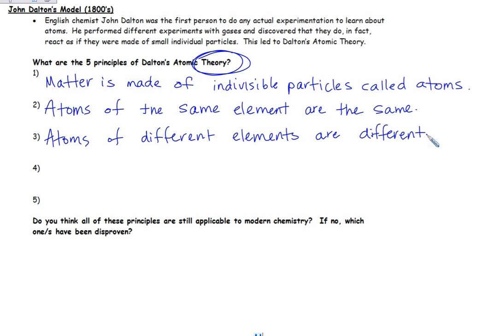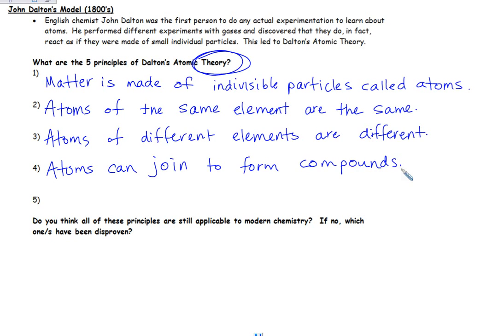Alright, 4. Principle number 4, theory number 4. Atoms can join to form compounds. Again, we talked about compounds earlier.